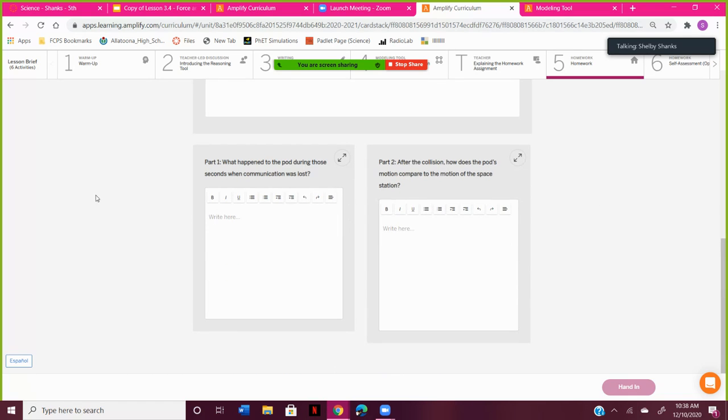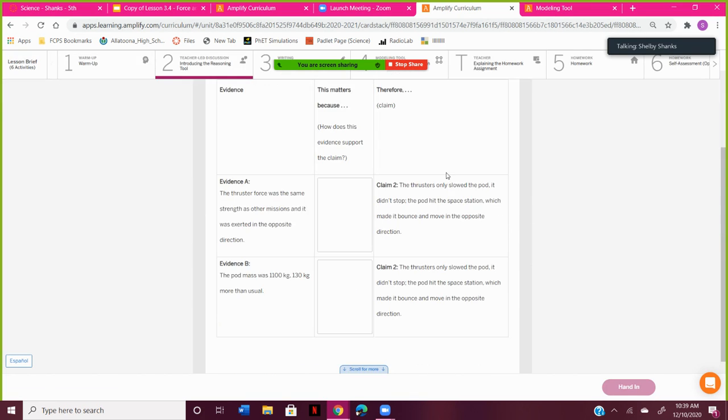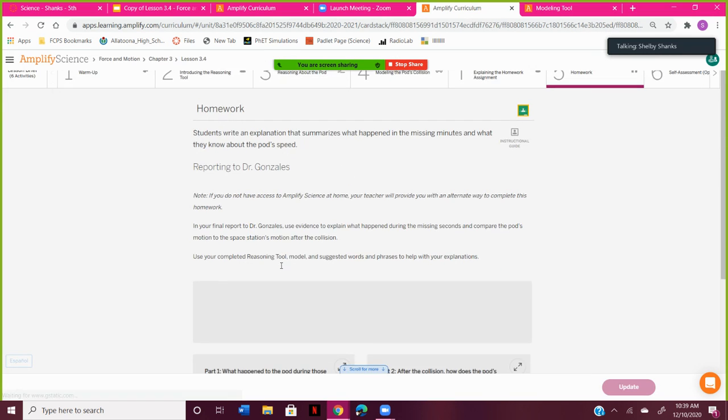All right, so you got part 1 and part 2. So what we did in the second tab here, we talked about this part 1. So we talked about what happened to the pod during those seconds when communication was lost. All right, you can go back to the second tab. You can put what you have in your reasoning tool into your writing for that part 1.